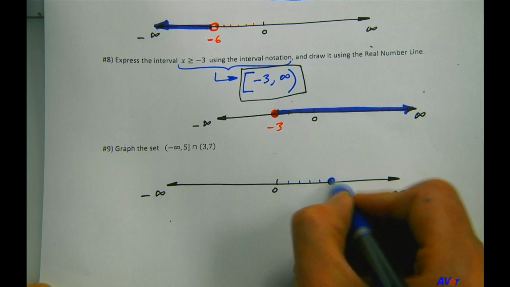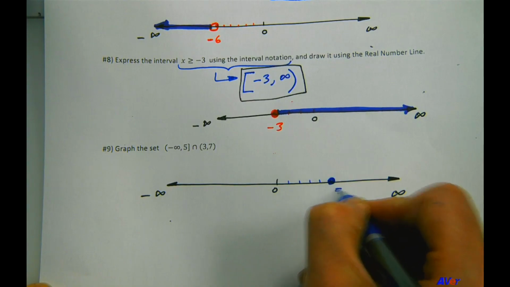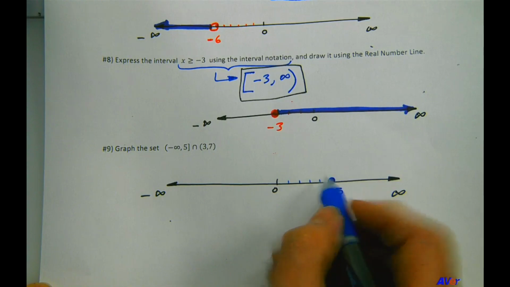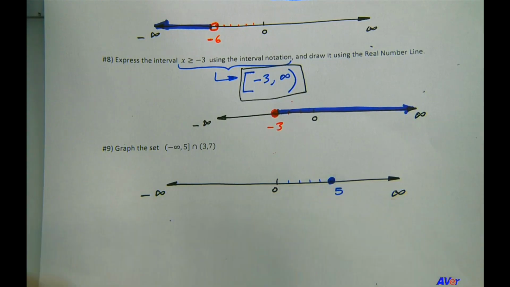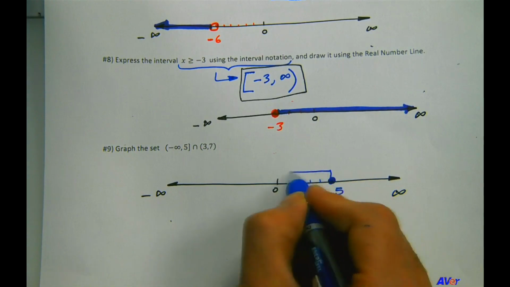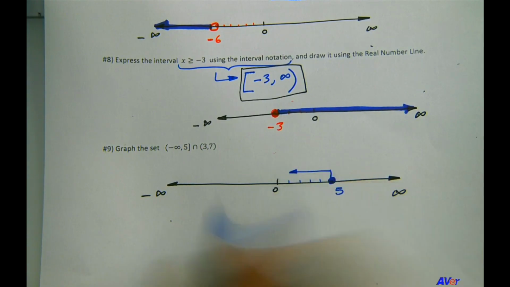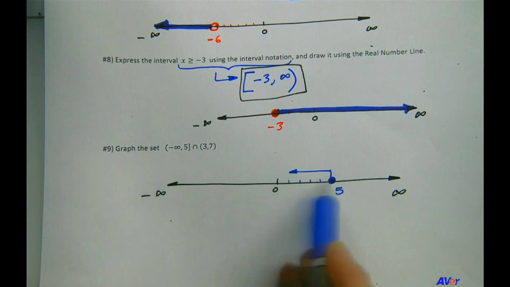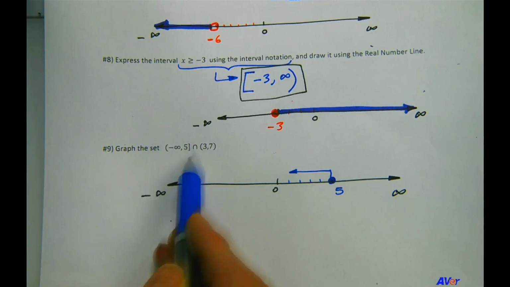So I'm going to put a filled-in circle there with 5. So this solution is going that way because anything equal to 5 or less than that, right? That's coming from here. All of this would be part of the solution of that one.